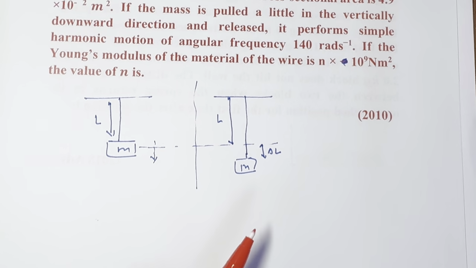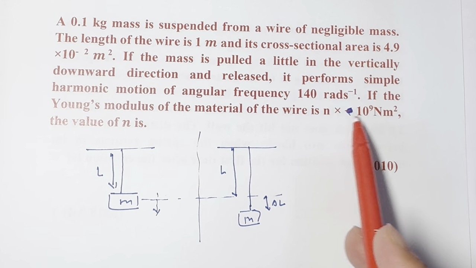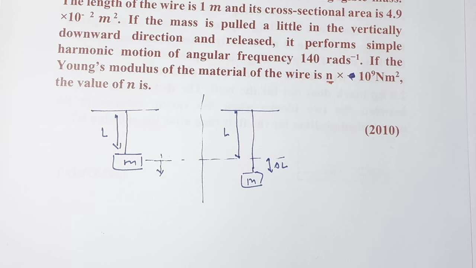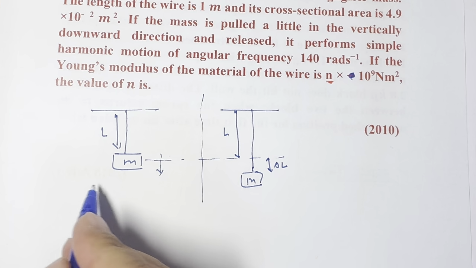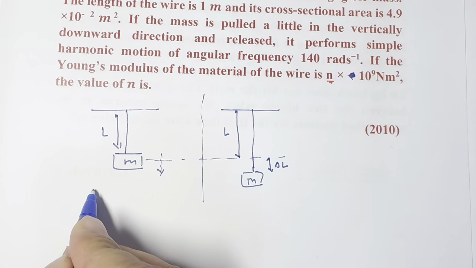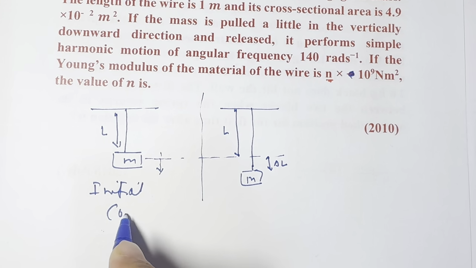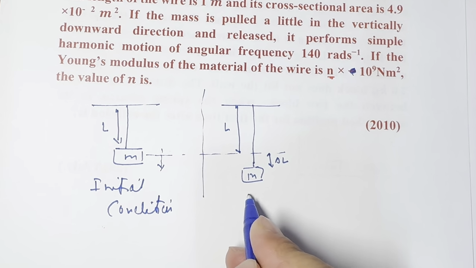So we are going to find out Young's modulus Y, and from that we are going to find out the value of n. Therefore we can say this is our initial condition, and this is our final condition.